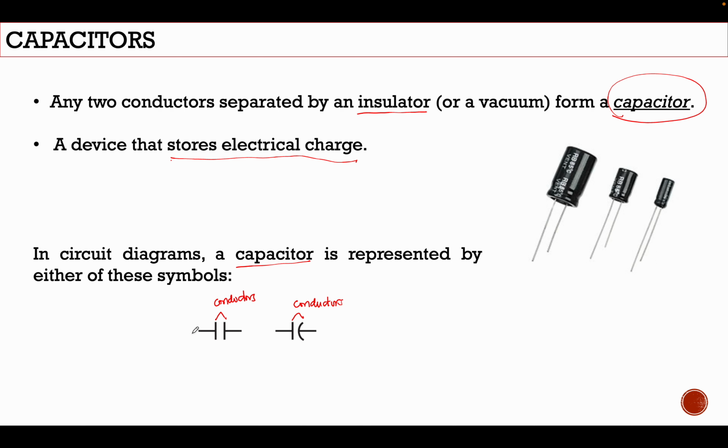The horizontal lines represent the wires that are connected to either conductor.